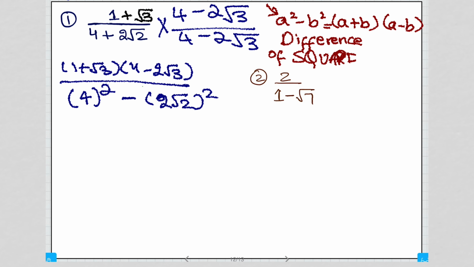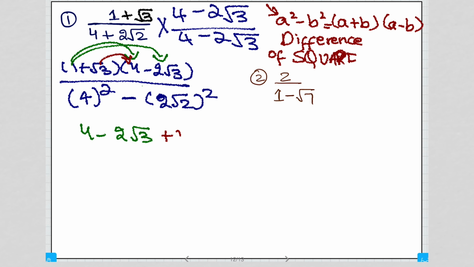Now, the next step is the expansion. I've already taught you that part. 1 times 4 is 4. 1 times minus 2 root 3 is minus 2 root 3. Then we multiply root 3 with 4, which is 4 root 3, plus 4 root 3. And then root 3 with minus 2 root 3.